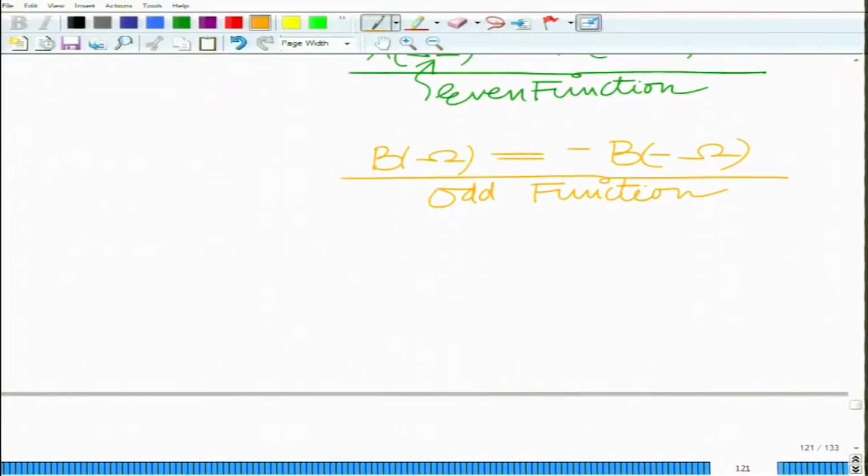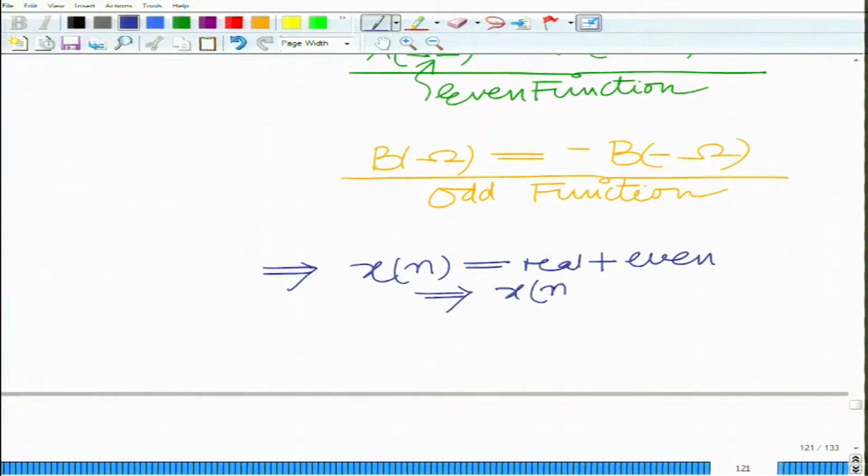Now, therefore, if x[n] is real and even, what does this imply? This implies two things. One, x[n] equals xe[n], and the odd component xo[n] is 0.